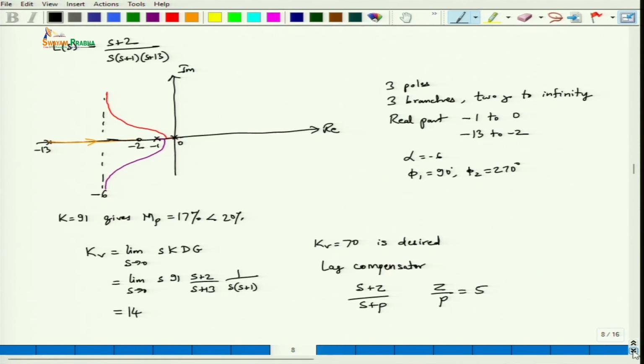So, for that what we will do in this case is select z equal to, sorry, it should be plus 0.05 and the pole to be 0.01.